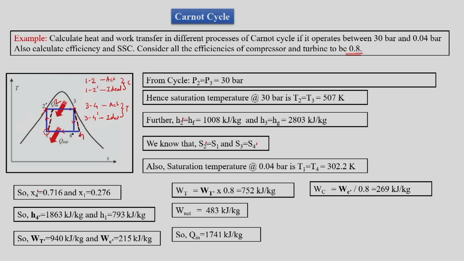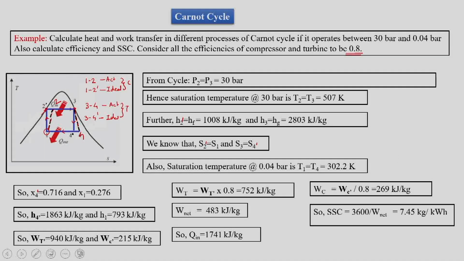So we know Qin, and Qin is H3 minus H2, where the H2 enthalpy is to be calculated. H3 minus H2 is 1741 as Qin.